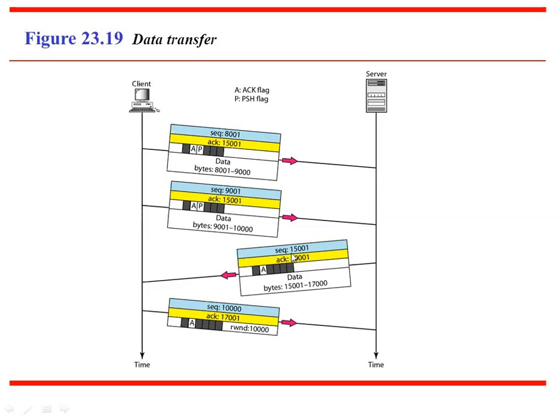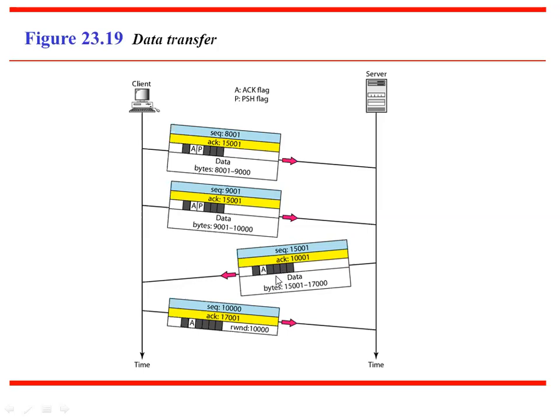So for all the segments which it received in this entire duration, it is sending one acknowledgement. Here the acknowledgement number is the number of the next byte that the server is expecting to receive. The server received byte number 10,000 successfully, so now the server is expecting to receive 10,001. So the server is sending this acknowledgement packet.